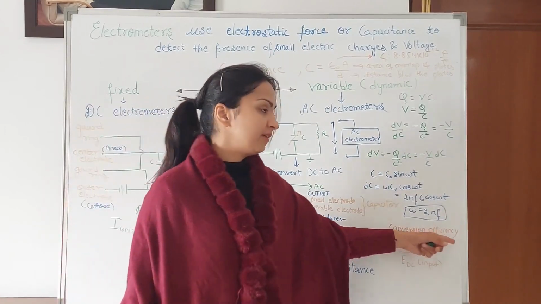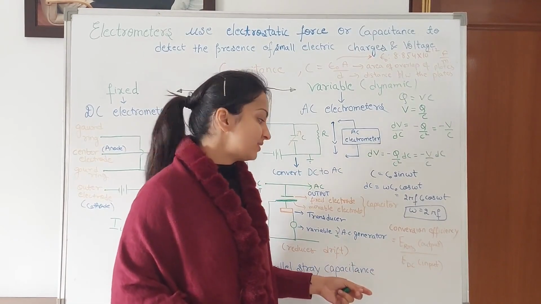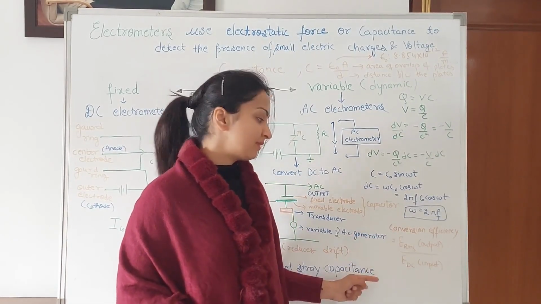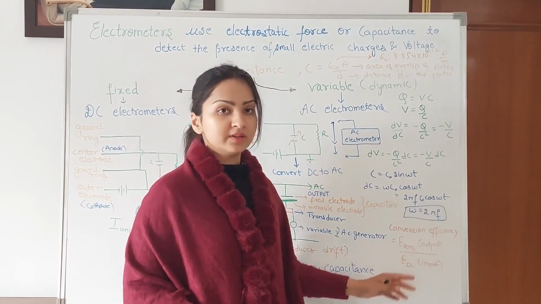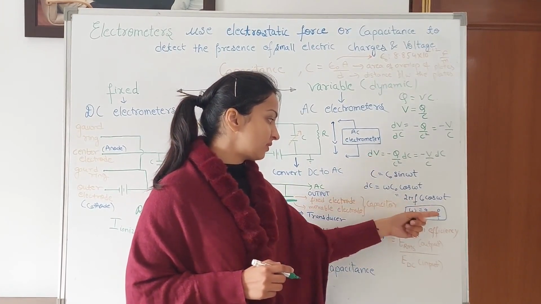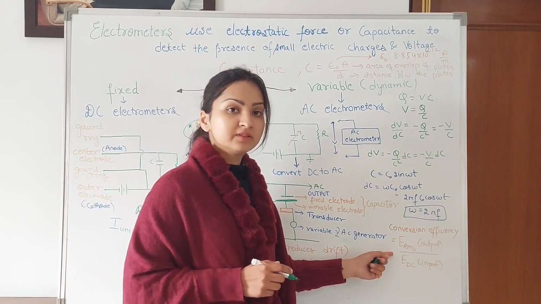So the conversion efficiency of a vibrating capacitor is given by this, which depends upon the RMS value of the output AC voltage divided by the DC input value of the voltage. And from here you can also see that this voltage will consist of the frequency of the variable frequency AC generator.